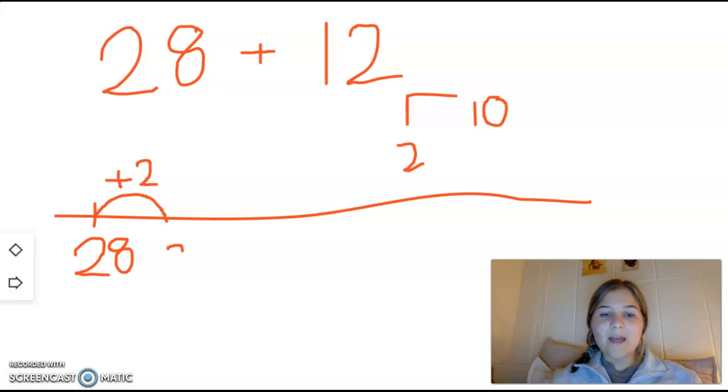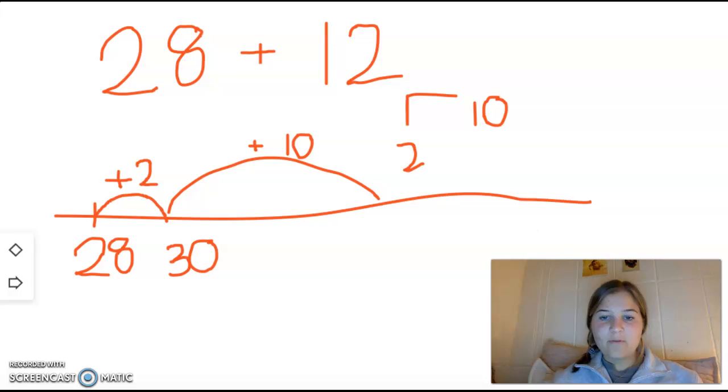And then I can add on the other 10. Bigger jump. Add on the other 10. And 30 plus 10 more is 40. So 28 plus 12 is 40.